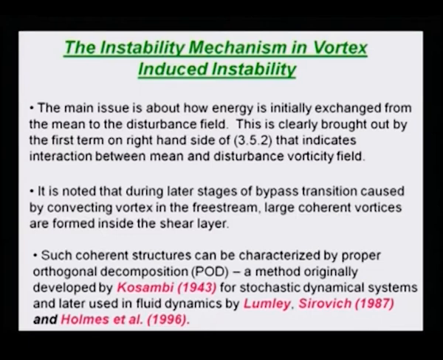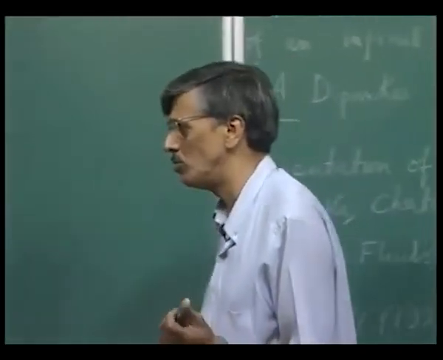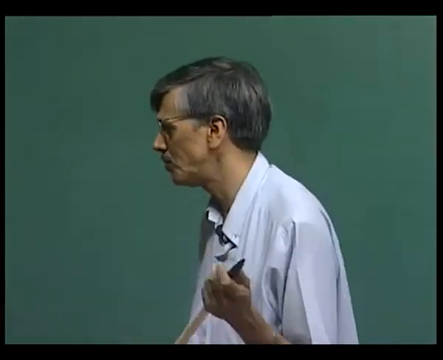This is what we called a bypass transition. So, during the later stages of bypass transition, you do actually notice large coherent vortices formed, which are also something similar to what one sees in fully developed turbulent flow.